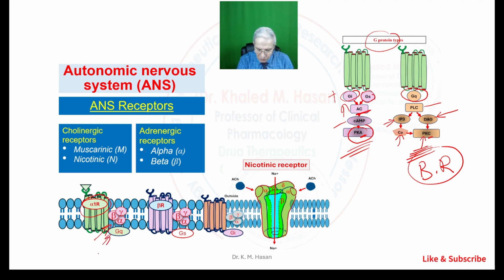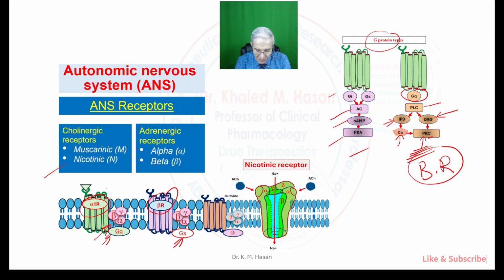So now we understand how the alpha 1 receptor works on the molecular level by working on IP3, DAG, and increasing the activation level of protein kinase C. Speaking about the beta receptor, the beta receptor works on Gs protein. So we can speak about the activation of adenylyl cyclase, cyclic AMP, and protein kinase A. And then we have the consequences.